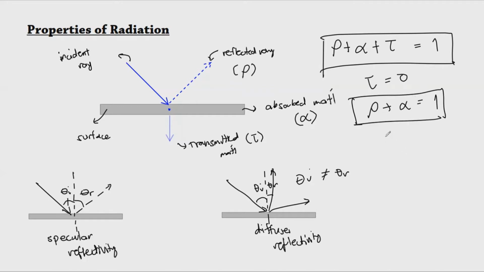And if we want to express absorptivity, that is just equal to 1 minus the reflectivity. Then going back to reflectivity, we have two types, the specular and the diffuse. When it is diffuse, the material is rough, so the incident ray would not reflect its rays in a way that if you mirror the angle, it would have the same value for the incidence angle.